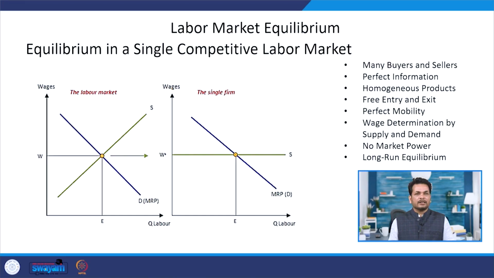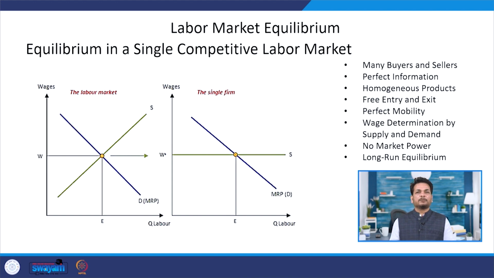When we try to understand how this equilibrium is achieved in a single competitive labor market, we have considered these properties: there are a large number of buyers and sellers, perfect information is available, the jobs are homogeneous, there is free entry and free exit of the workers and the firms in the market, and there is perfect mobility among the workers in order to achieve the efficient allocation of resources.